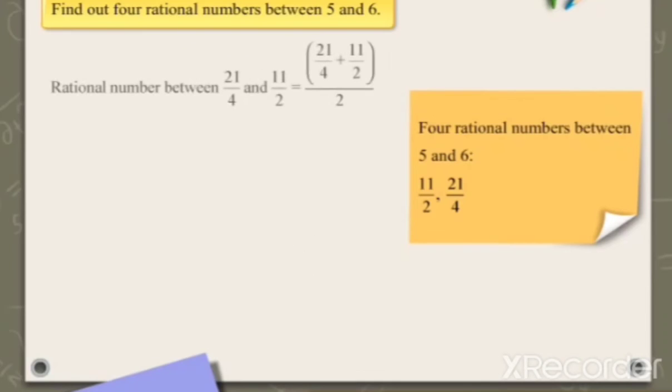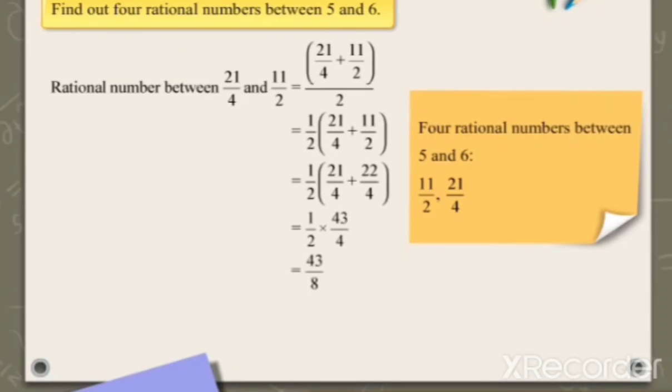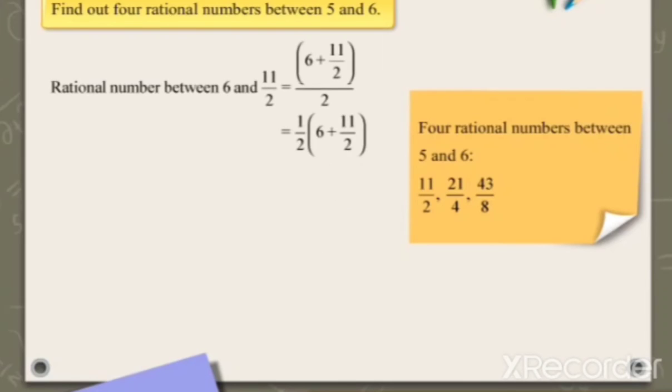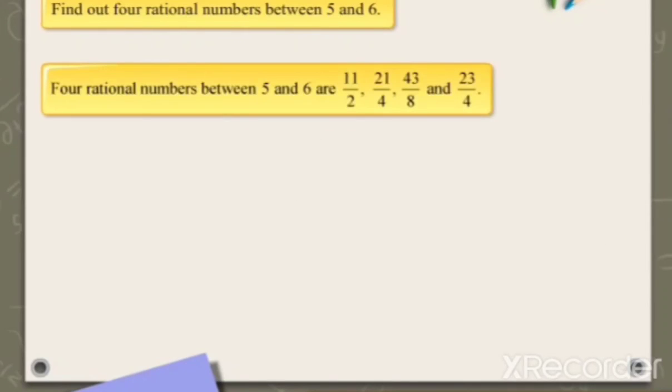Between 21 upon 4 and 11 upon 2 is 43 upon 8. And between 6 and 11 upon 2 is 23 upon 4. Hence, four rational numbers between 5 and 6 are 11 upon 2, 21 upon 4, 43 upon 8, and 23 upon 4.